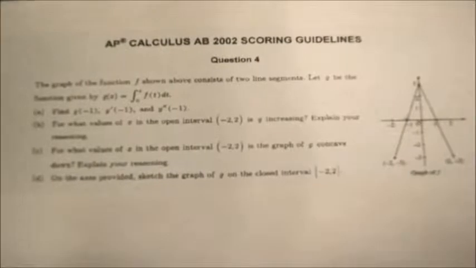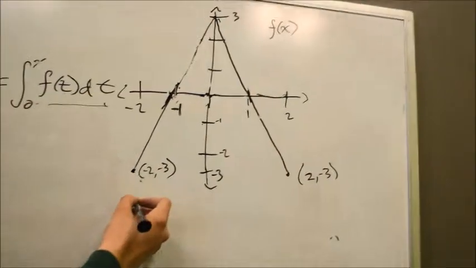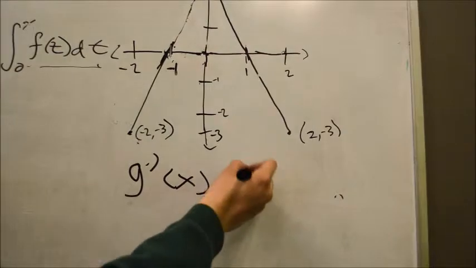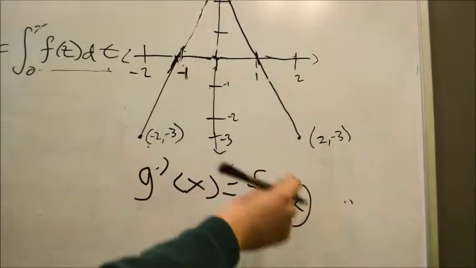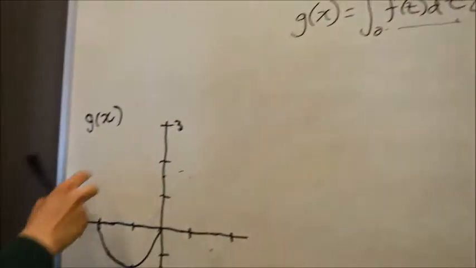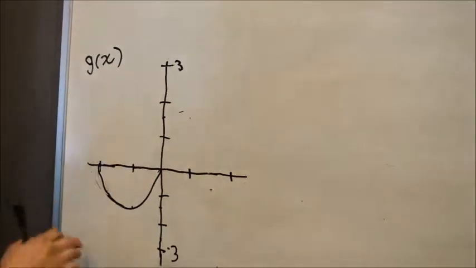For part D, they ask to draw a sketch of the graph of g from -2 to 2. We know that g prime of x equals f of x. Therefore, we can read from this graph, since it's f of x, because we're trying to sketch g of x.